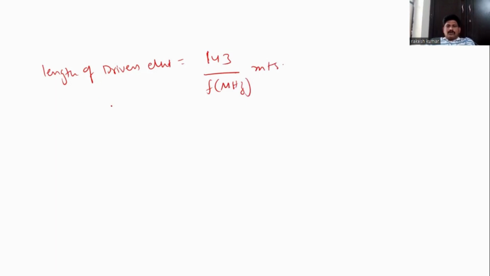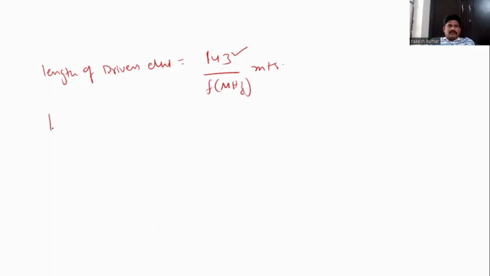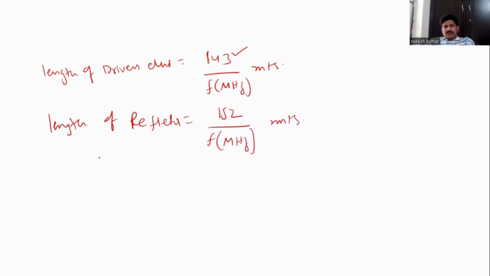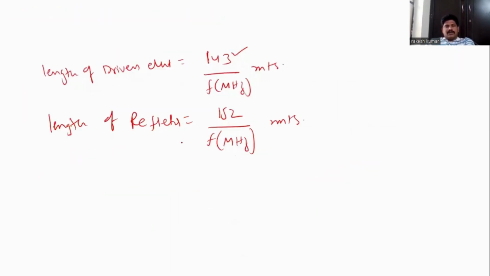If the length of the driven element is 143 by F, what should be the length of the reflector? No doubt the reflector is a little longer compared to the driven element, so the length of the reflector I will write as 152 by F in megahertz, in meters. What about the directors? No doubt the directors are always shorter than the driven element.